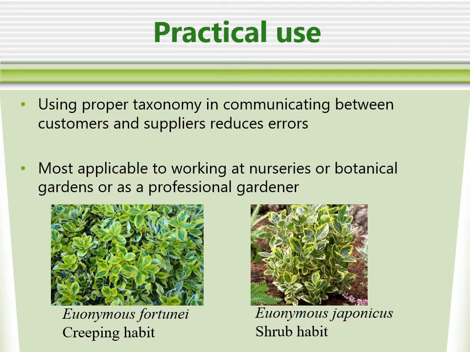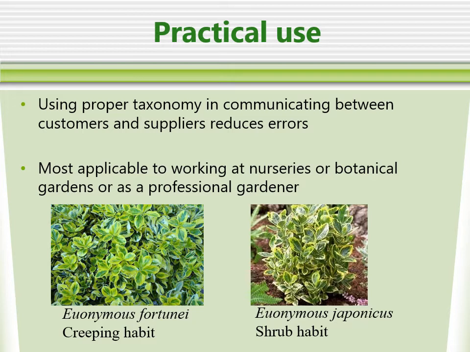Ideally, using the proper scientific name, the genus and species, avoids errors. Like it says in the slide, this is most applicable to people who work at a nursery or a botanical garden. Nurseries typically grow hundreds, if not thousands, of varieties of plants.